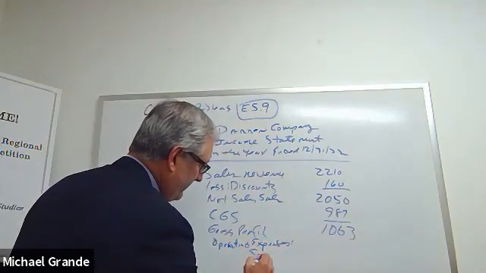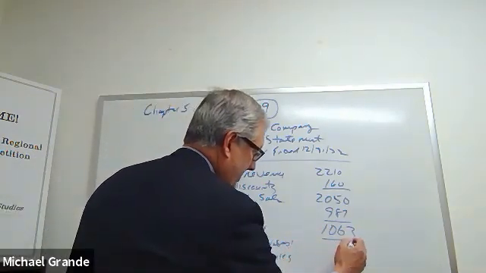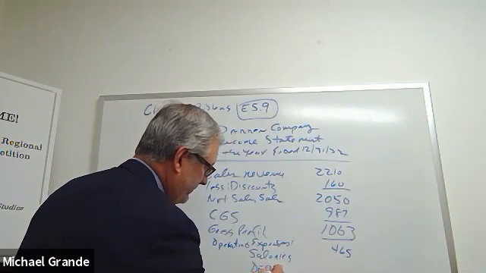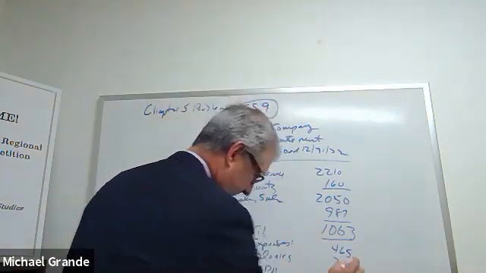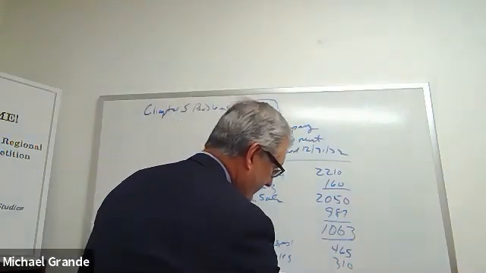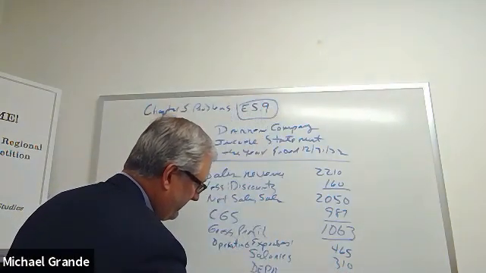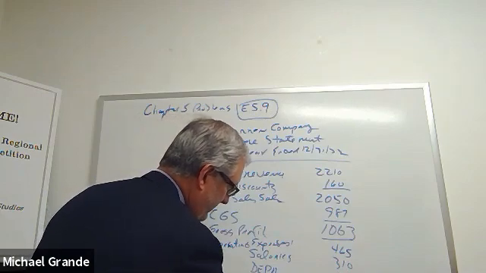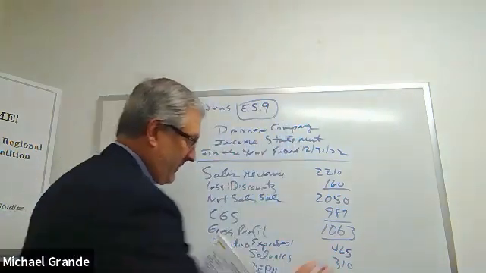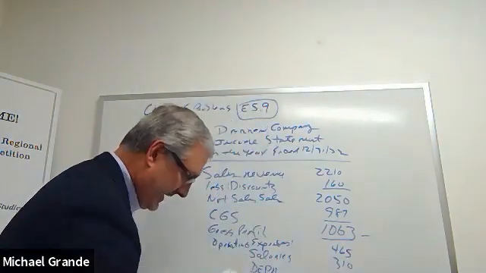We have salaries of 465. We have depreciation of 310. We have utilities of 110. Total operating expenses, running out of room, I apologize, of 885. 1,063 minus 885 equals net income, NI 17.